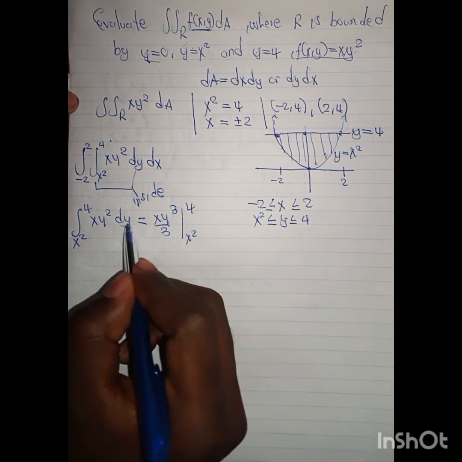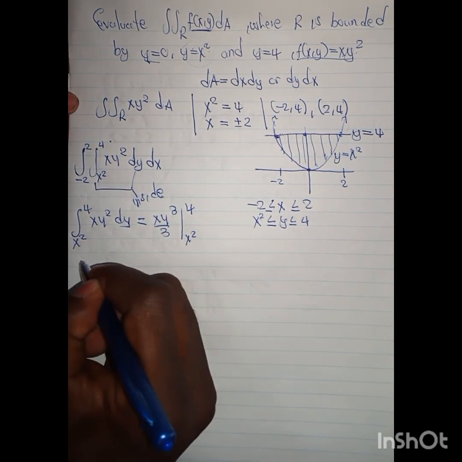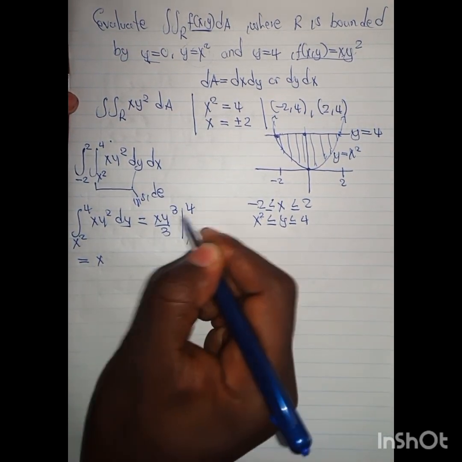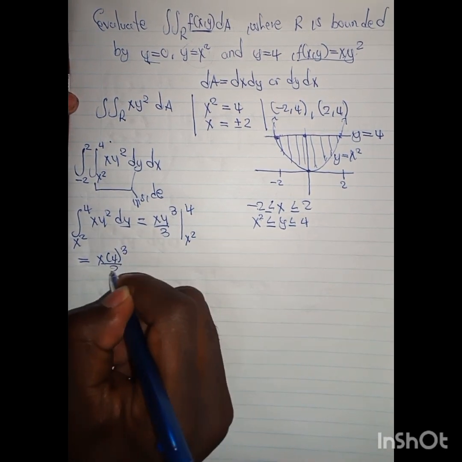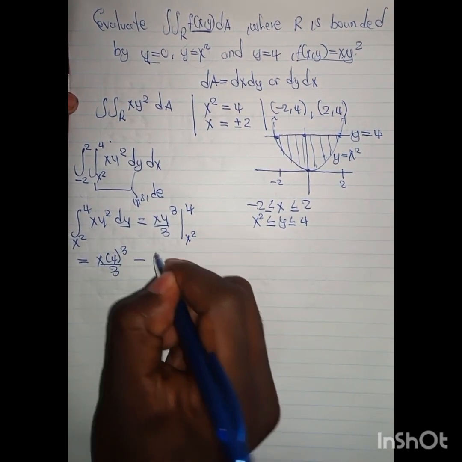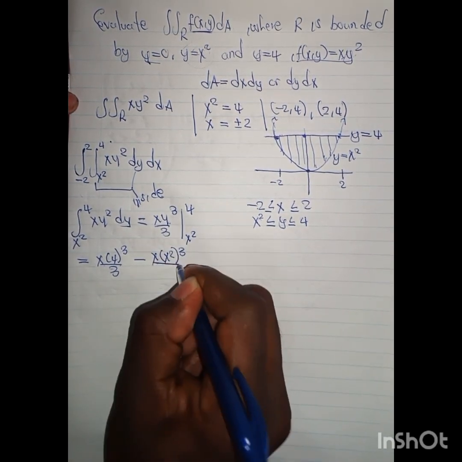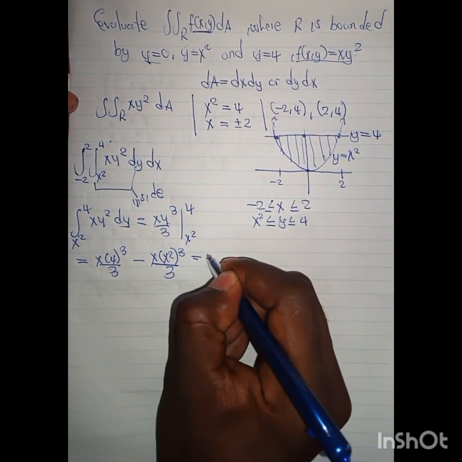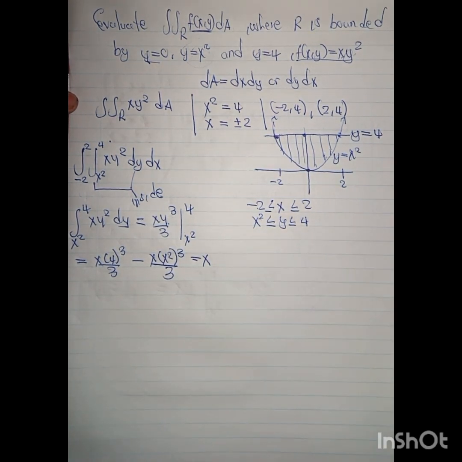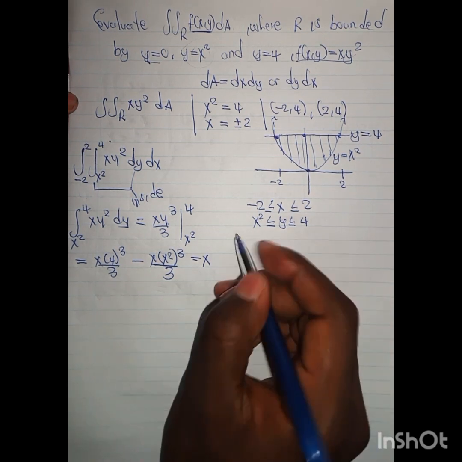Because we have integrated with respect to y, now where there is y, we have to substitute our limits. So let us have the following. We must have x instead of y, and substitute the value of 4. We have x times 4 to the third over 3 minus the lower limit, where instead of y I substitute x squared, to the third over 3. This is equal to x times 4 to the power 3, which is 64.